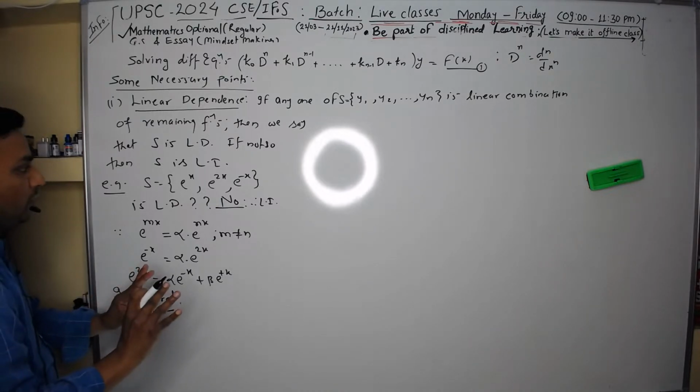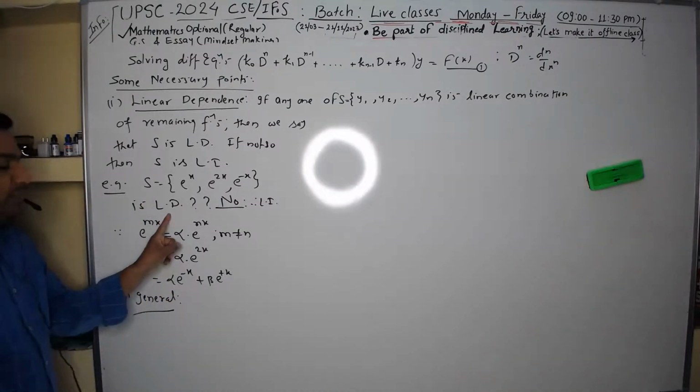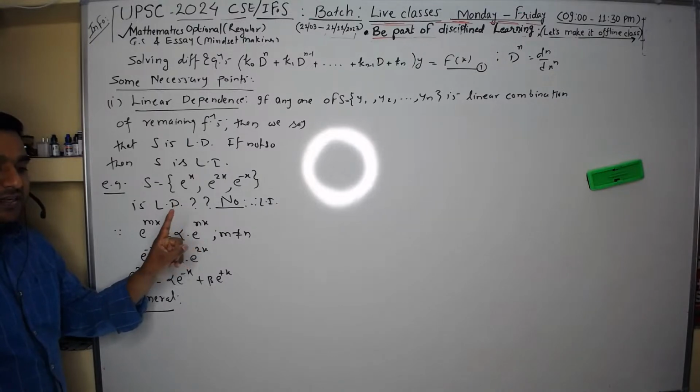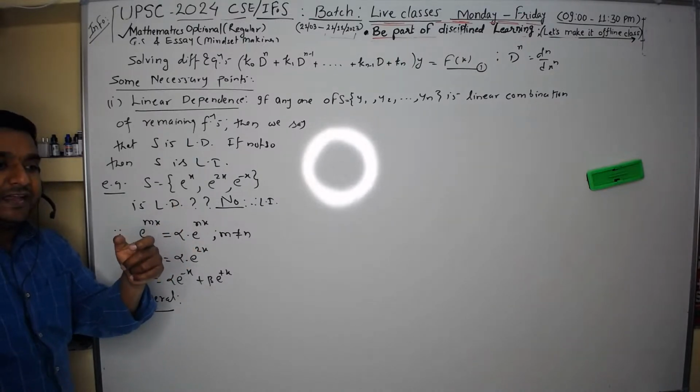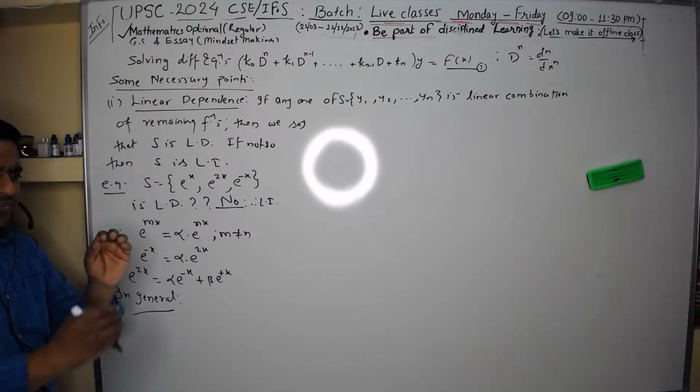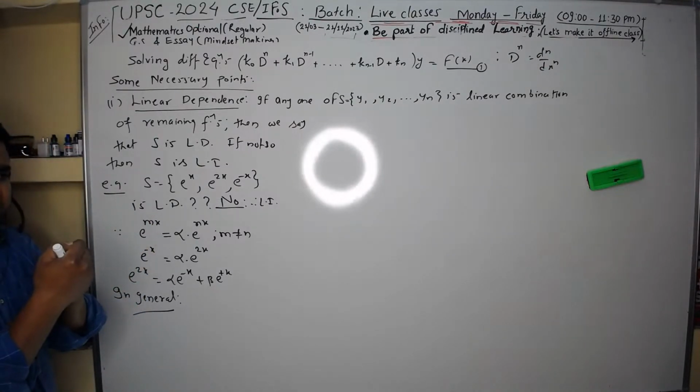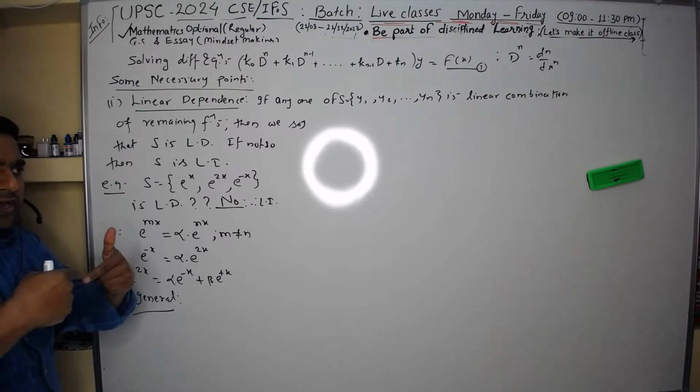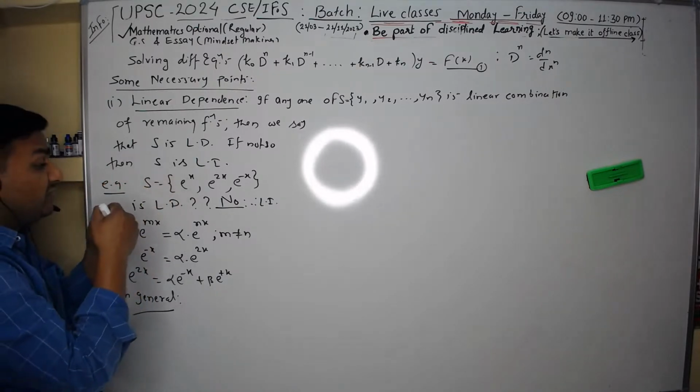Moreover, I would like to tell you, my dear, linear combination, linear dependence and independence will be dealt with in detail in the topic of linear algebra. Here I am just taking out those segments which are required to substantiate something.